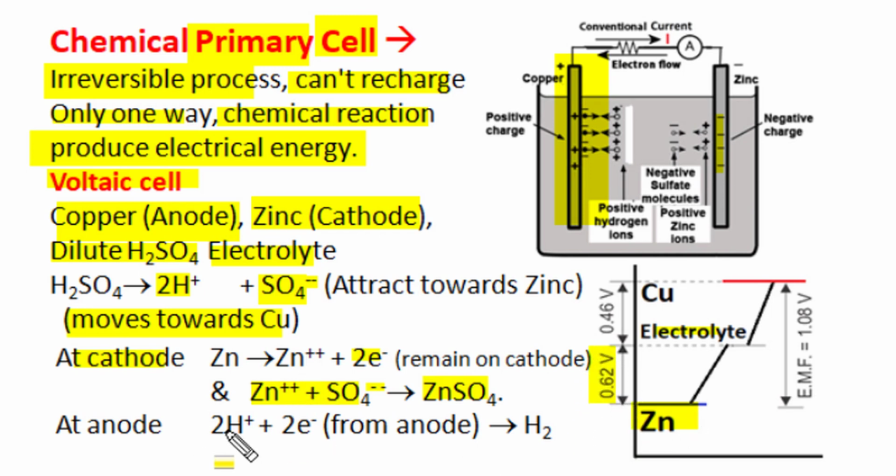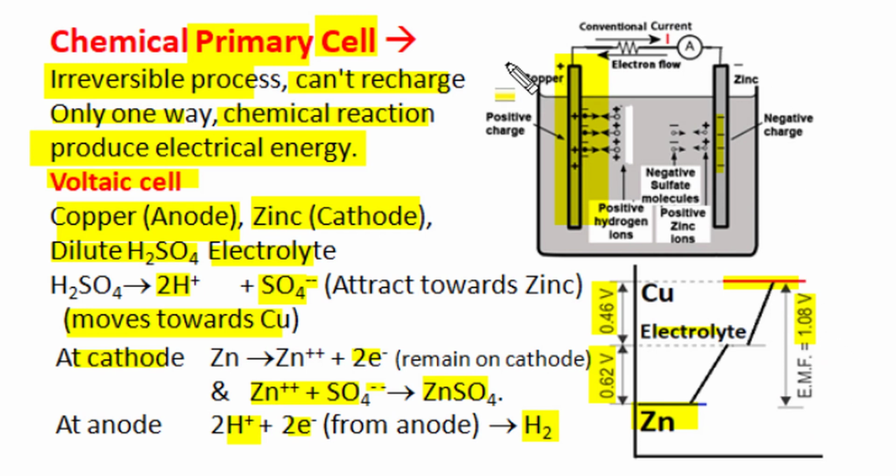At the same time, positive H ions move towards the copper electrode, take electrons from it and produce 1 unit positive electronic charge per atom. Two such H atoms after neutralization from the copper electrode react together and form H2 gas that escapes out from the H2SO4 solution, and in the process the copper electrode with positive potential has a potential difference with respect to the electrolyte equal to 0.46 volt, and when the potential difference between the two electrodes, copper and zinc, achieves the 1.08 volt level, the chemical reaction stops.